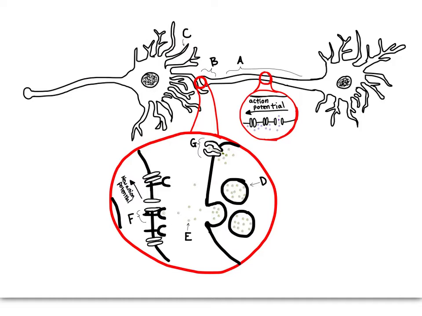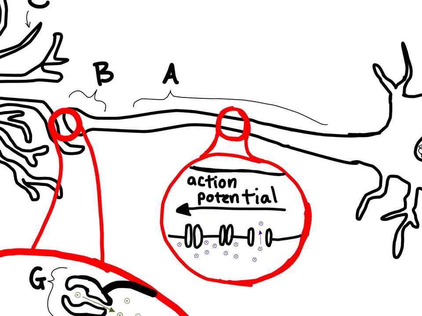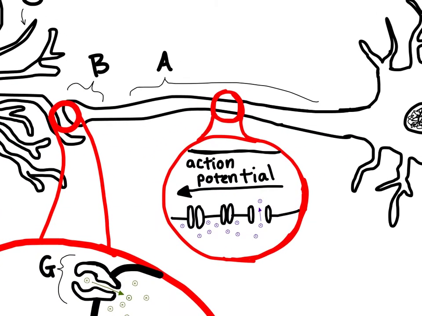We'll start first with the signal that is traveling down this neuron's axon, which is called an action potential. Along this axon, there are many small protein channels that for the most part remain closed. However, when an action potential is traveling down the axon, it causes one channel to open, which then allows facilitated diffusion to occur of small particles called ions that go diffusing into the axon.